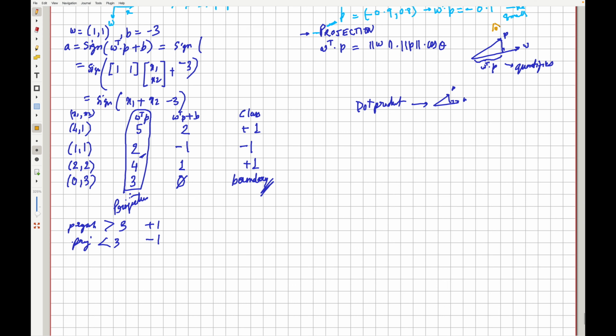If we shine a light on this point P, then the shadow it creates on this particular W is your projection. That is the projection created by the light up top, that point.